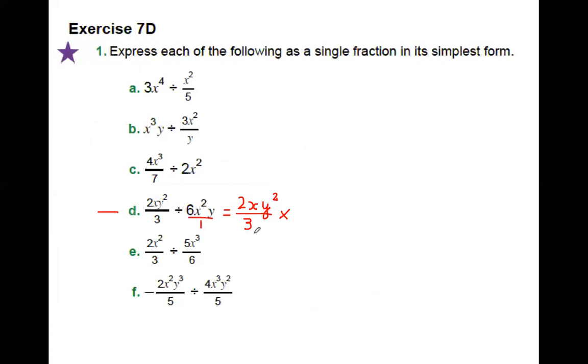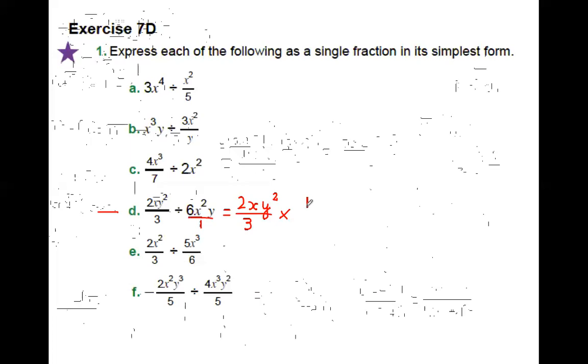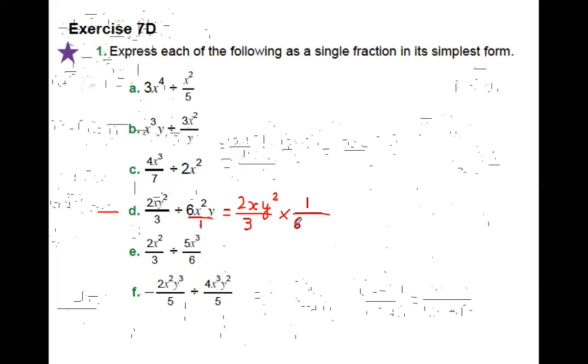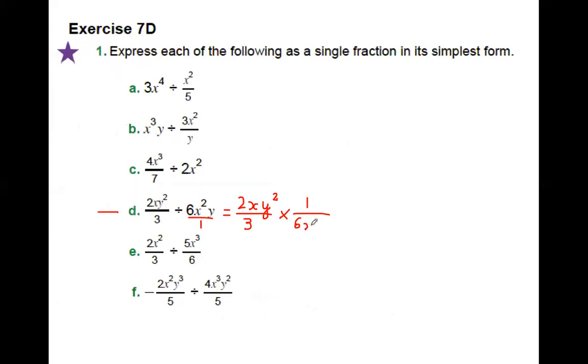This is the bit that you need to really think about. Now I'm going to flip that, which is a 1 divided by 6x squared y. So we've changed the division into a multiplication and we flipped the fraction.